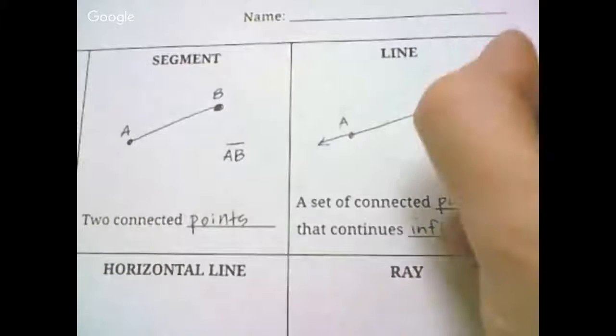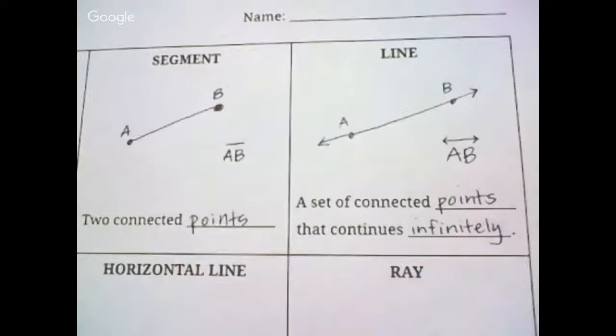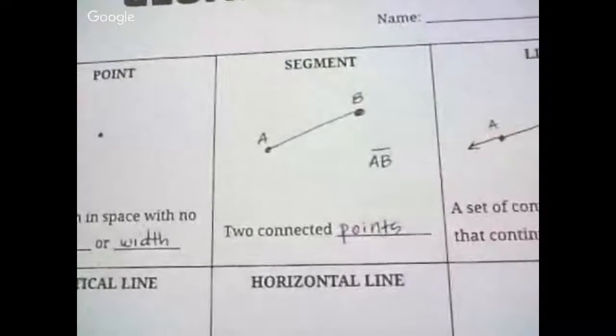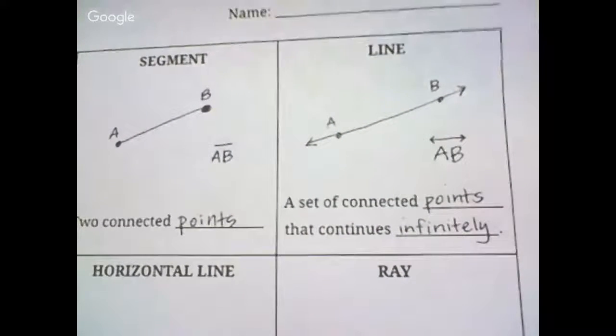So this would be line AB, and I would show that with my little arrows on my label. So we went from point, no dimension, segment 1 dimension, line 1 dimension going in both directions.